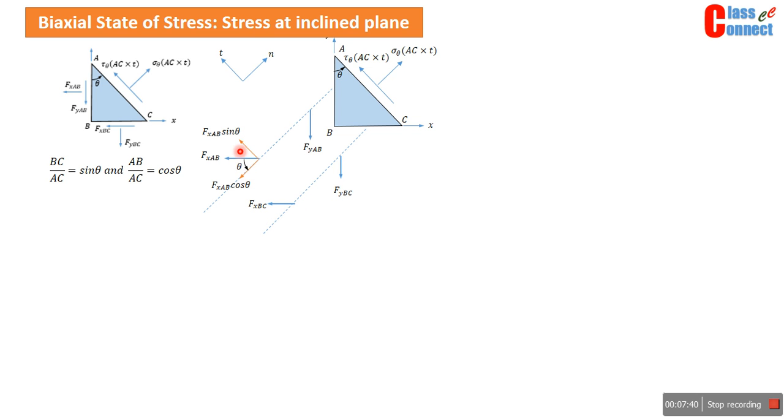When we resolve these components along the n and t direction, or x dash or y dash direction, these are the resolved components. This angle is theta, because this theta is between this line and this line, and this line is perpendicular to the inclined plane AC, and this line of FxAB is perpendicular to the face AB.